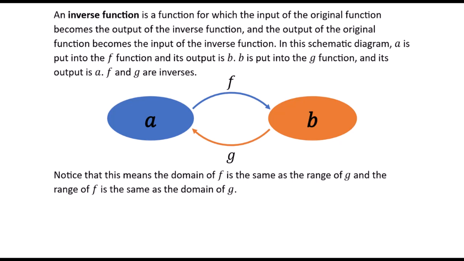Now b is put into the g function and its output is a. f and g here are inverses. Notice that this means that the domain of f is the same as the range of g, and the range of f is the same as the domain of g.